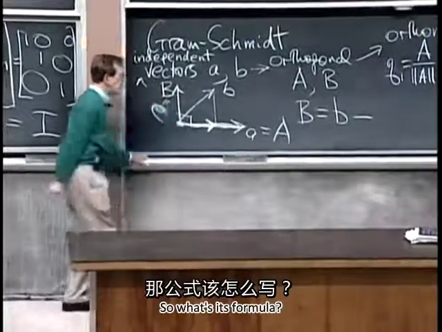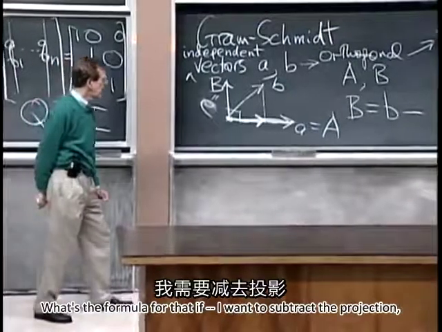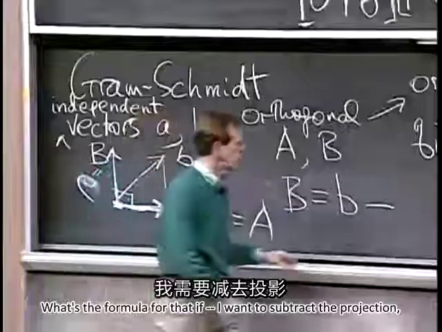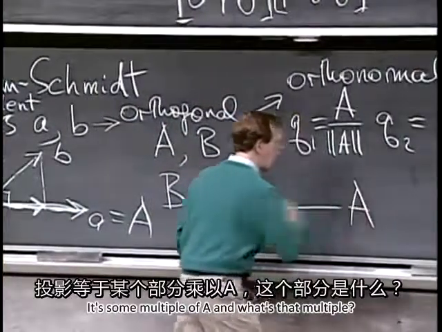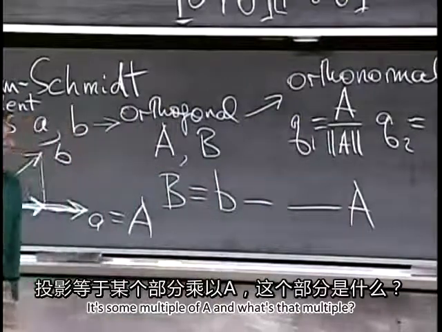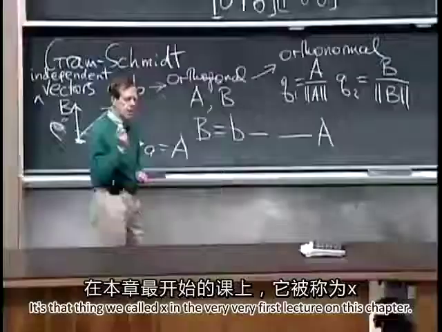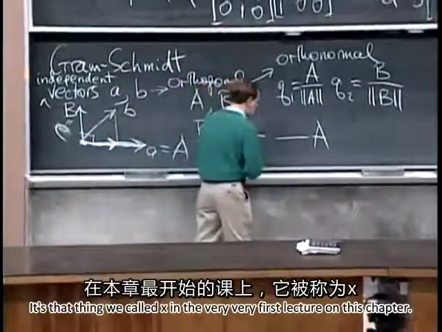So what's the formula for that? I want to subtract the projection. Do you remember the projection? It's some multiple of A. And what's that multiple? It's that thing we called X in the very first lecture on this chapter.